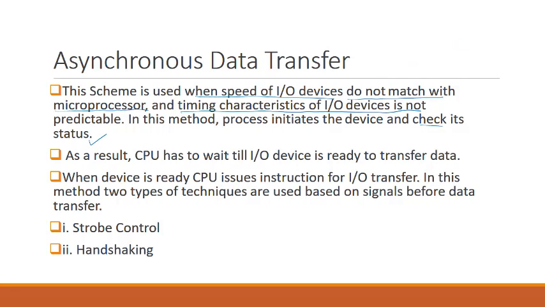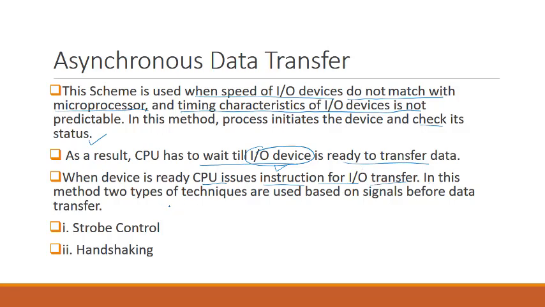As a result, the CPU has to wait until the input output device is ready to transfer. Only then can the CPU send the data to the input output devices. When the device is ready, it issues an instruction for input output transfer.